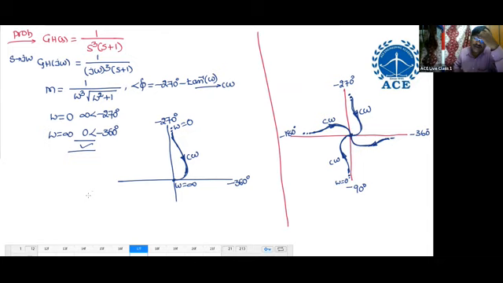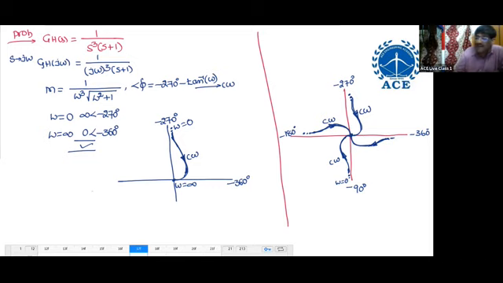We cannot identify. So if a question asks for the transfer function from the polar plot, check the options: starting angle, ending angle, omega 0, omega infinity, and direction. Observe all 4 options, A, B, C, D, and then select the answer.